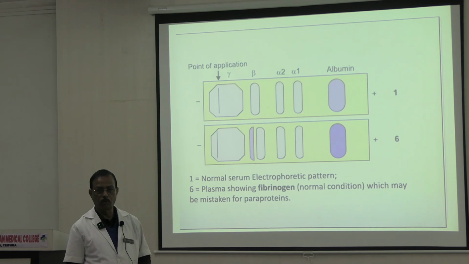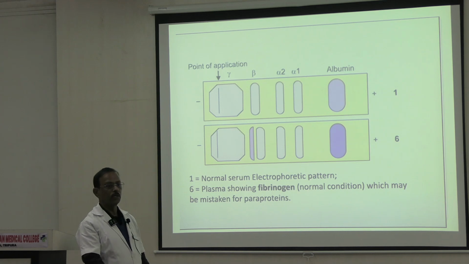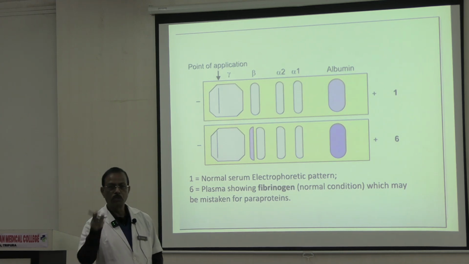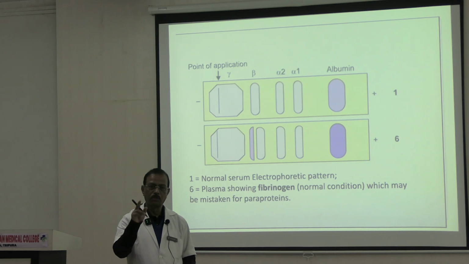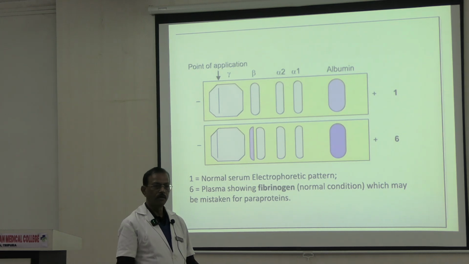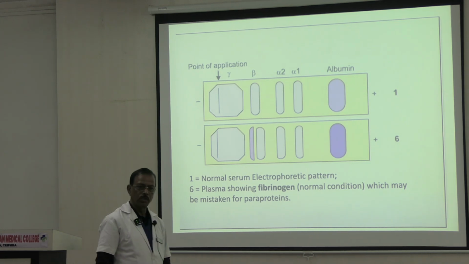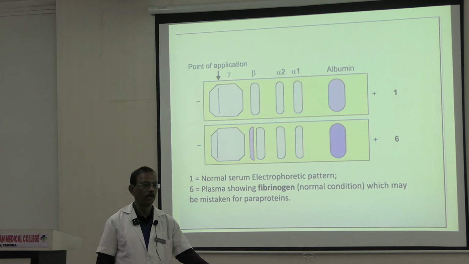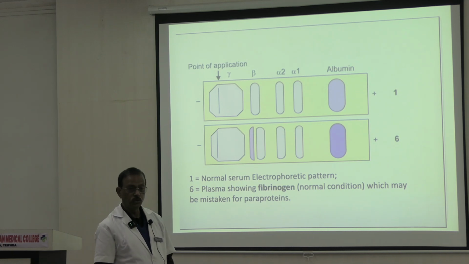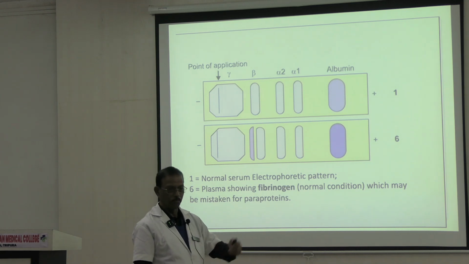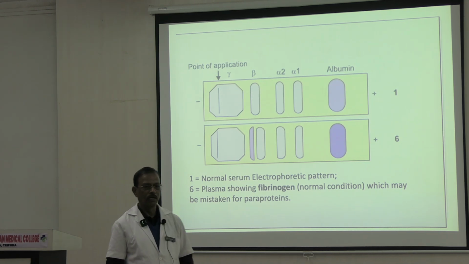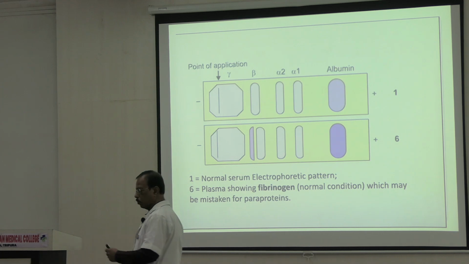M-band is for multiple myeloma. Because of that, when we make a fractionation of protein using electrophoresis in a case of multiple myeloma, we will use serum, so that the fibrinogen portion is not there and will not interfere with our report.